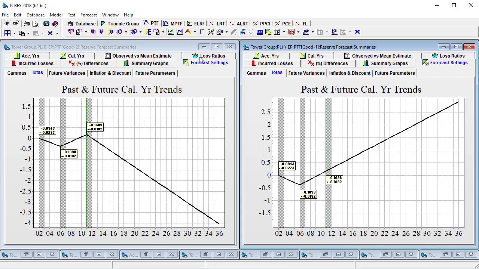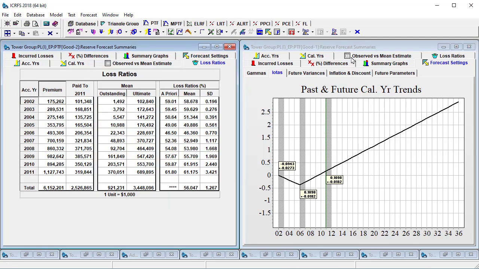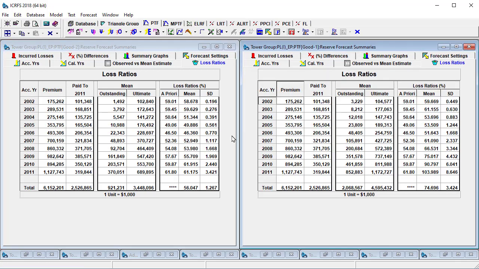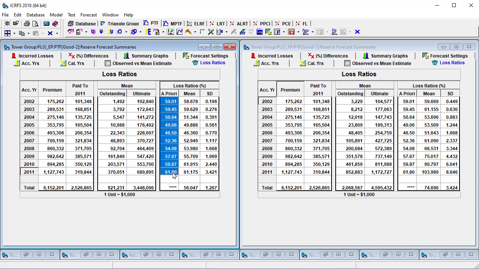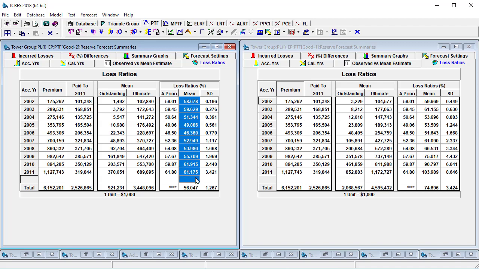Let's now look at the loss ratios. So what you'll see is the a priori loss ratios. These are what the company's actually posted. And you can see in our reserves held scenario, we're actually matching those loss ratios pretty well, not only in total, but also by each accident year in order to get that 922 million.